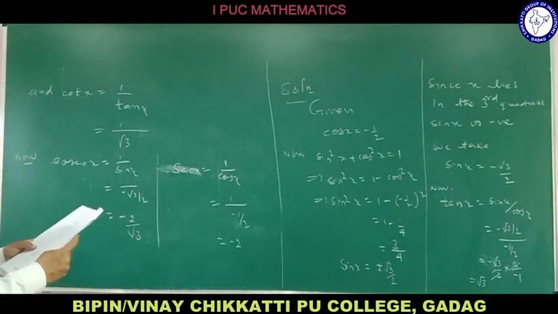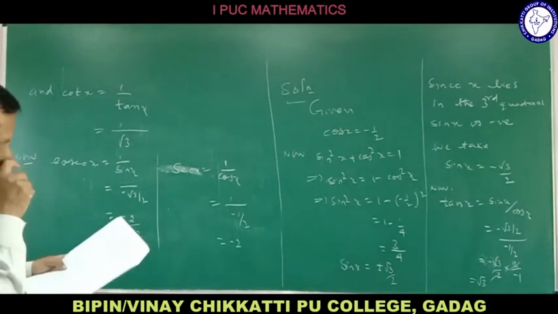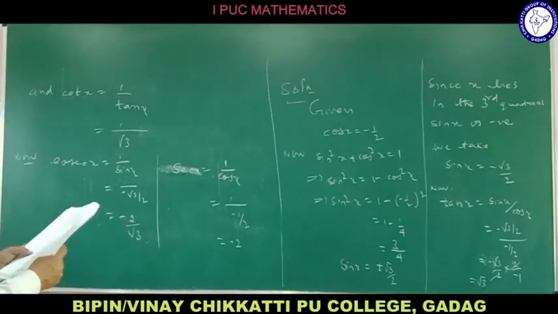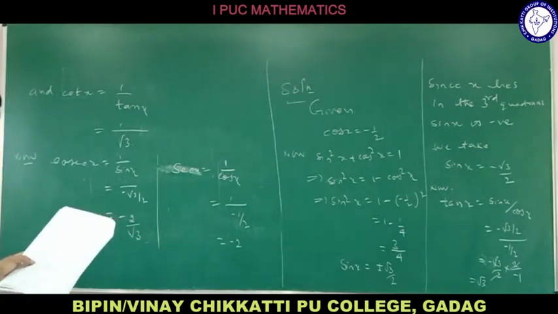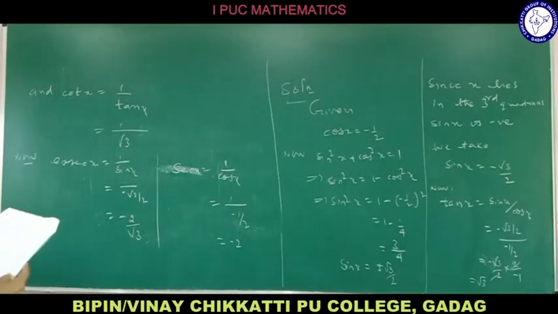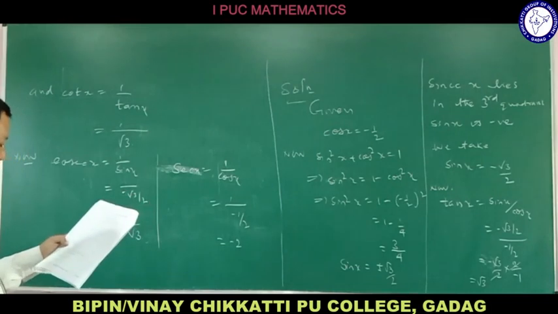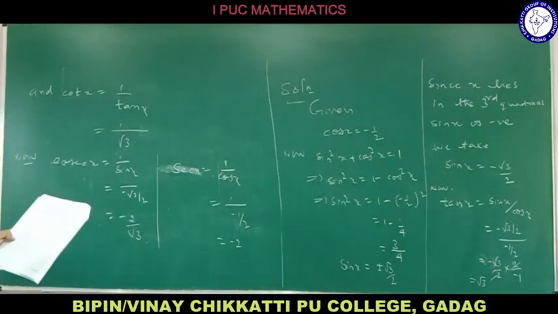Now you see the result which you have obtained: sin x is minus root 3 by 2, and cot x is 1 upon root 3. Sin x is there, tan x is there, and cot x is there.